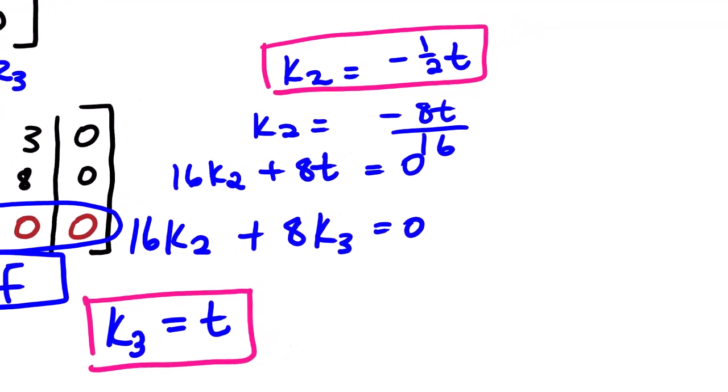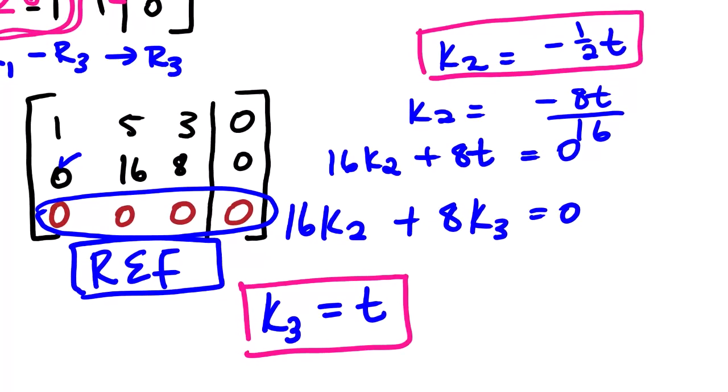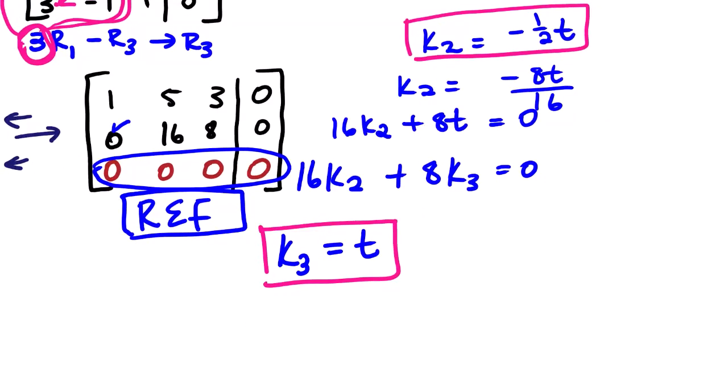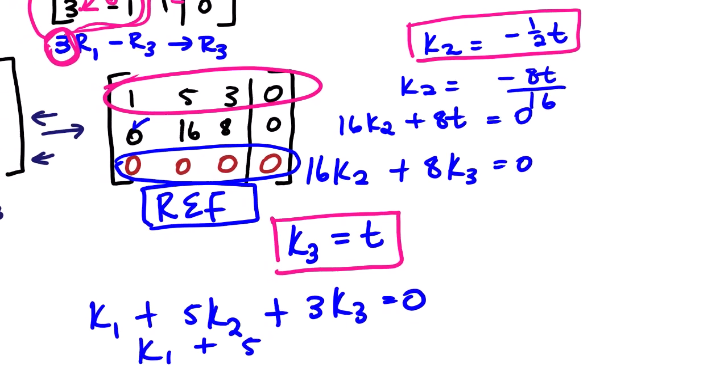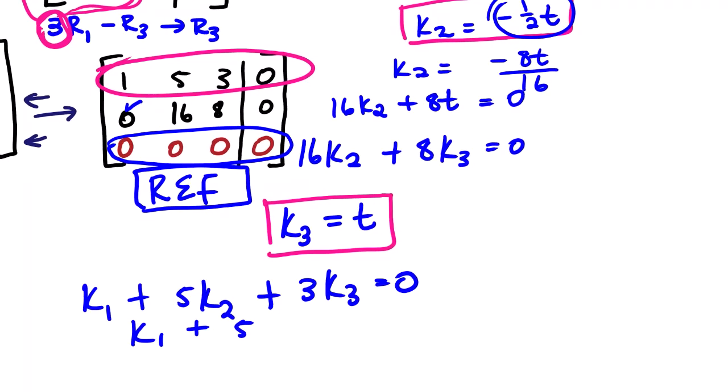Now let us solve for k1. From here we have k1 plus 5k2 plus 3k3 equals 0. So we have k1 plus 5 times negative 1 over 2 t plus 3 times t equals 0.